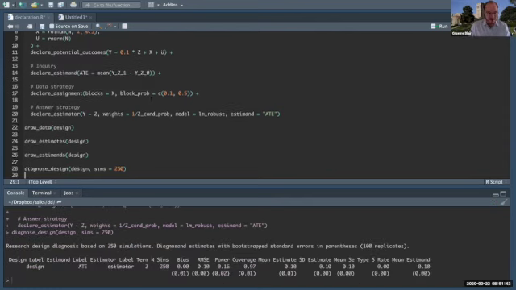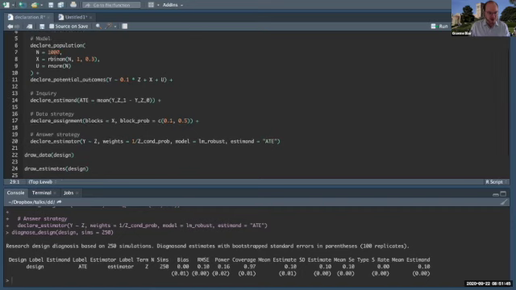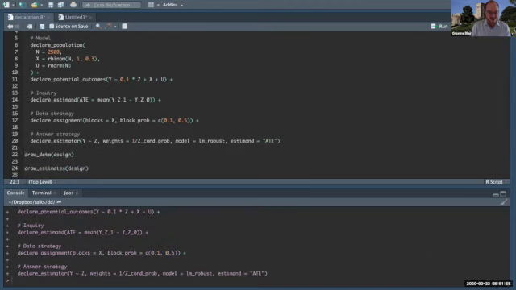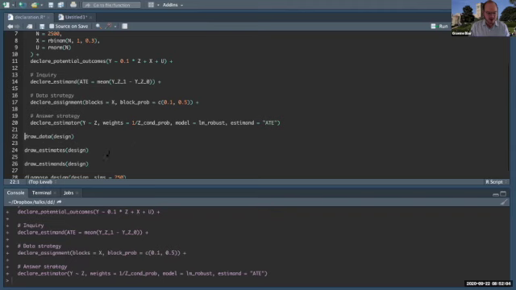Power's gone up a little bit, but not a huge amount. Our expected effect size is relatively small. And so what this process is telling us is that we're going to have to run a huge experiment in order to answer this question.